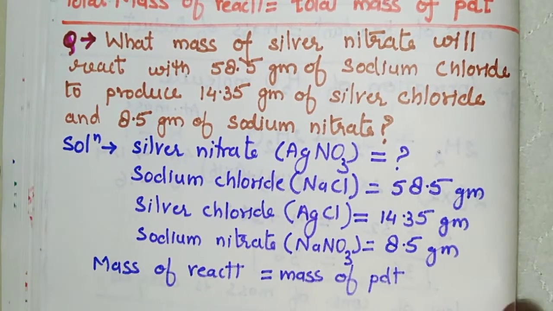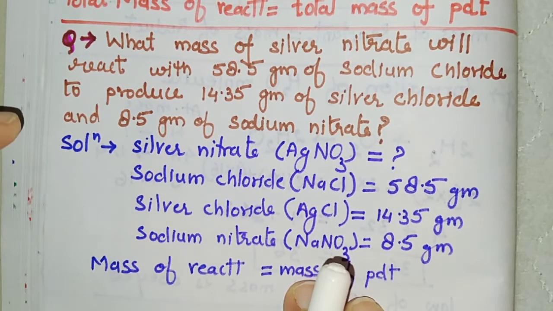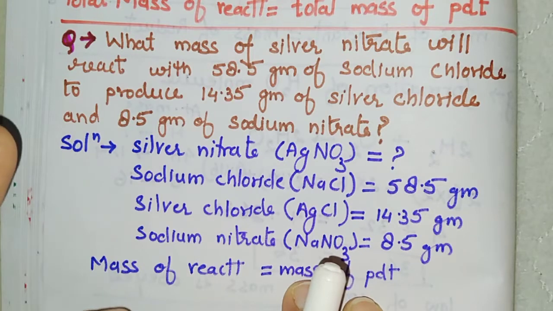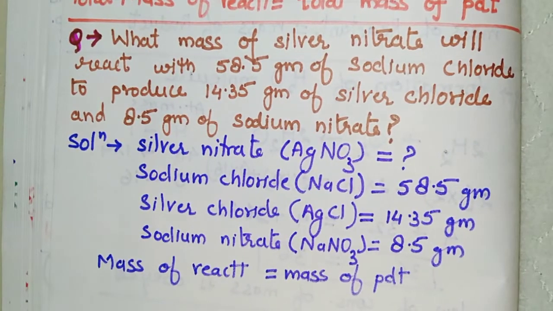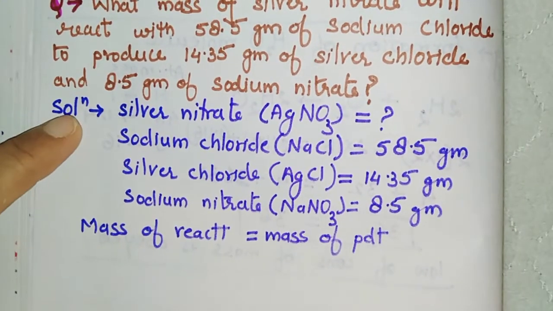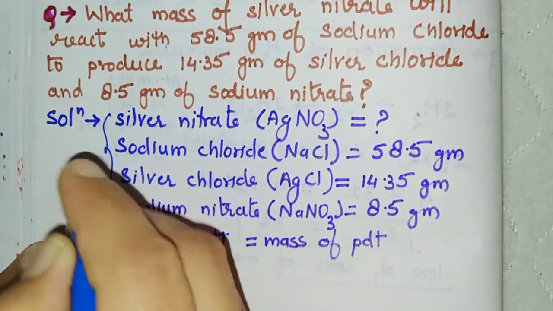Now see beta, whatever is given in the numerical, please just write the given values, so this facilitates us in solving. What is given to us? All these four values are given.